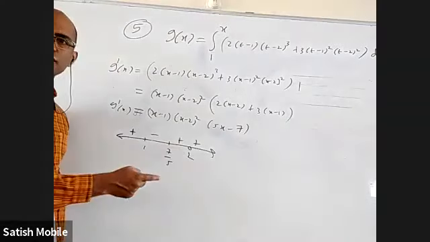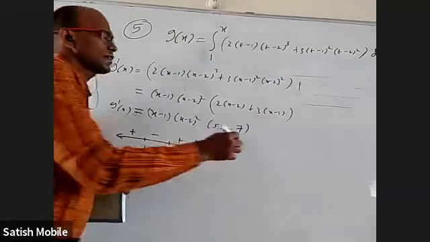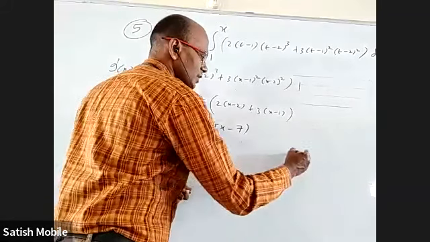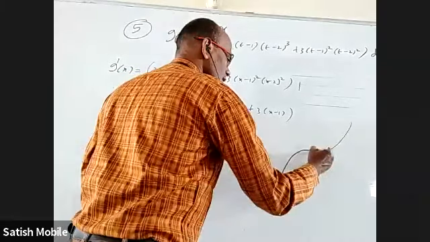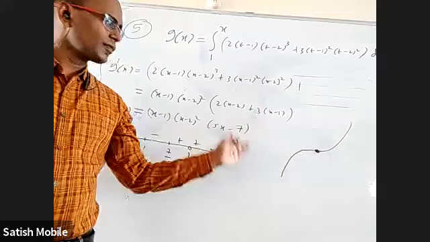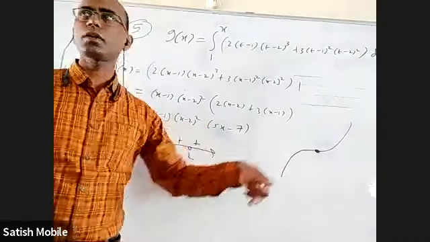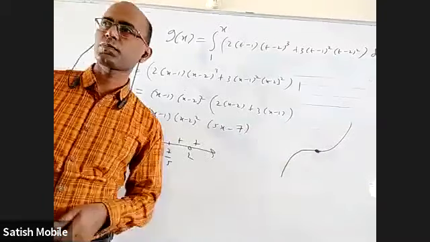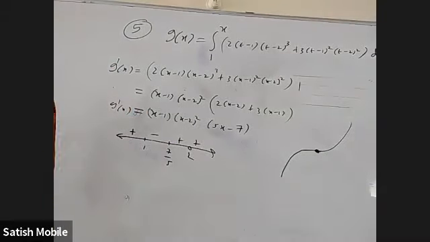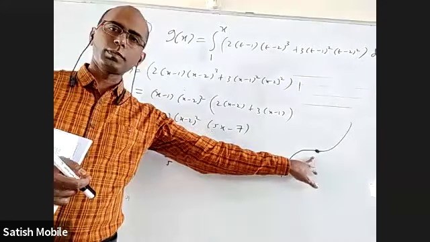And at 2 the derivative is 0, but before also positive, after also positive. That means the function is increasing, flat, and again increasing. Even though at this point the derivative is 0, the derivative sign is not changing, because it is increasing here and increasing here. This is not a local maxima or local minima. There is a name for this point. What is it? This is neither maxima nor minima, but the first derivative is 0.